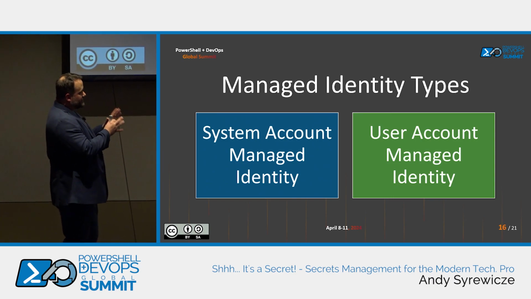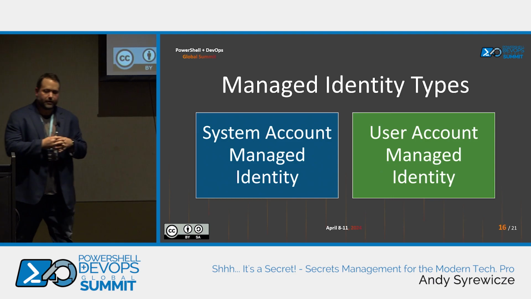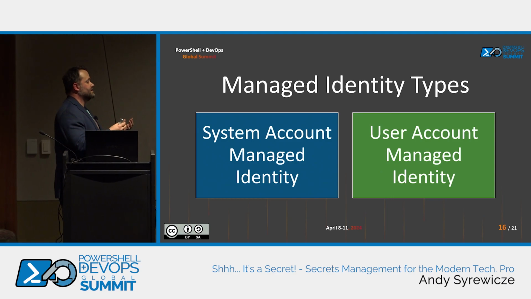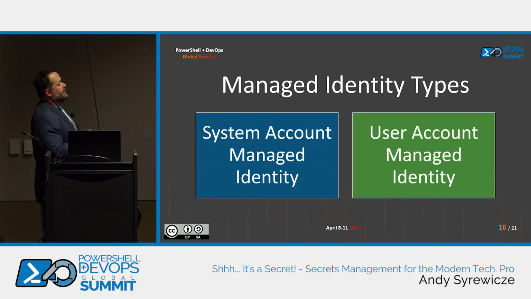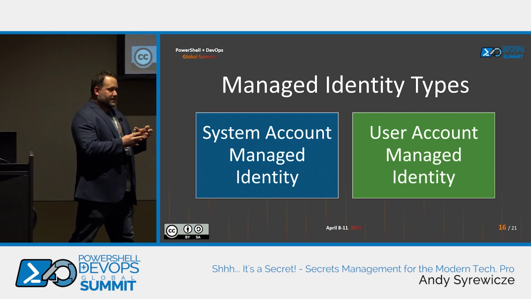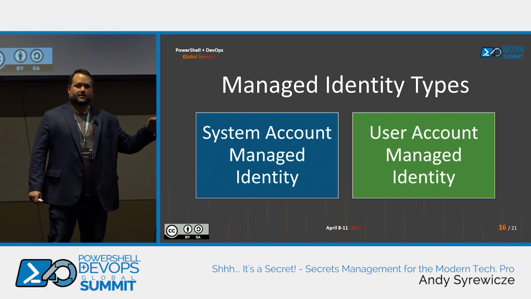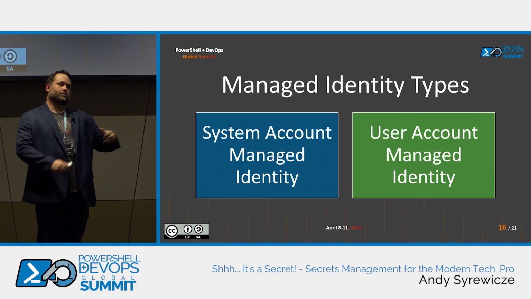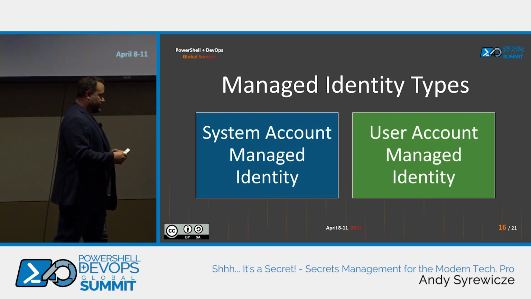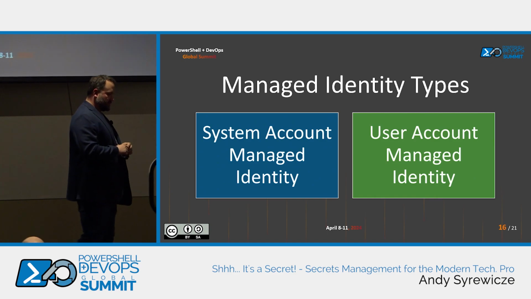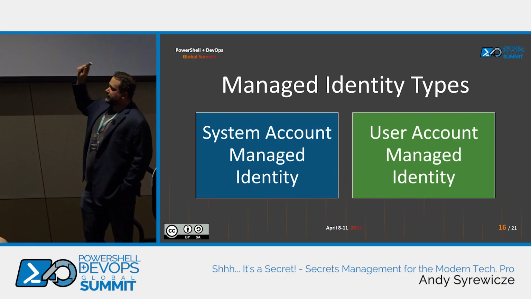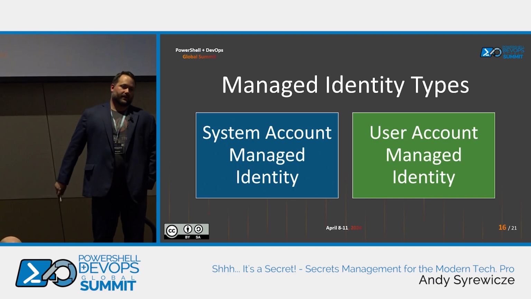Anyway, the difference between these two: they're both setting up a security principal for you to use in this managed identity process. The big difference is system account managed identities are tied to a system. So in terms of life cycle, let's say I've got a VM in Azure that I've got a system account managed identity associated with. When that VM in Azure is deleted, the managed identity object is deleted along with it.